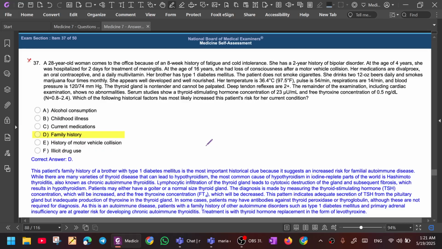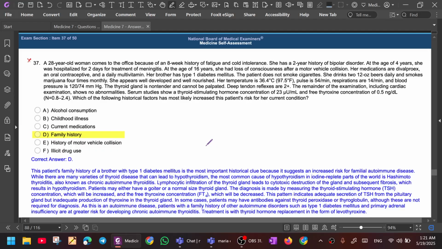Meningitis. And between current medications and motor vehicle, family history. Or family history.